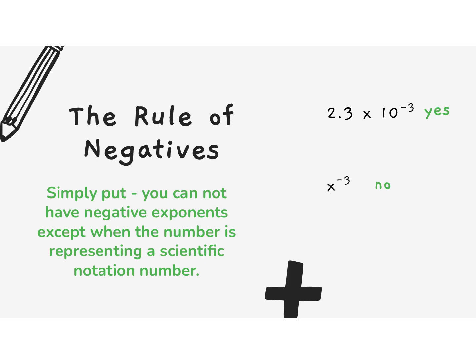So simply put, you cannot have a negative exponent as your final solution. There is an exception to that, and that's something that we have to note. That is only when we are representing a scientific number. So if it is a scientific notation number, yes, go right ahead, have your negative exponent. But if we are talking about problems like you see on the right-hand side of your screen, that's a no.